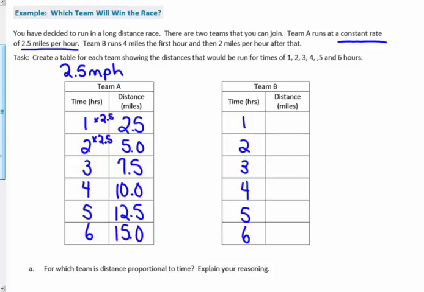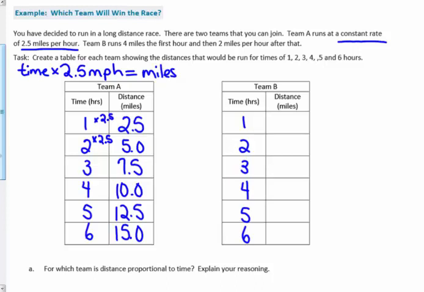So that one was pretty easy. Each time I'm taking my time times my rate. So time times my rate of 2.5 miles per hour gives me my miles, that distance.